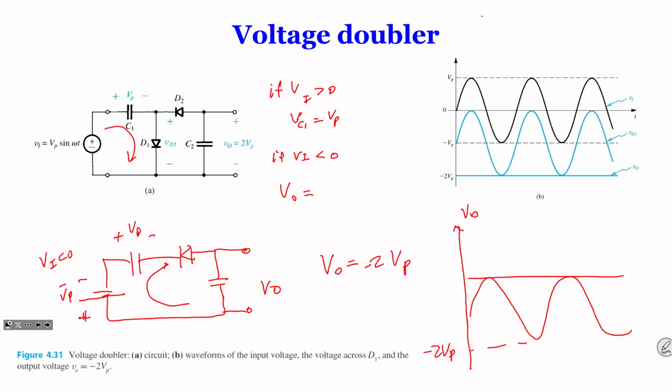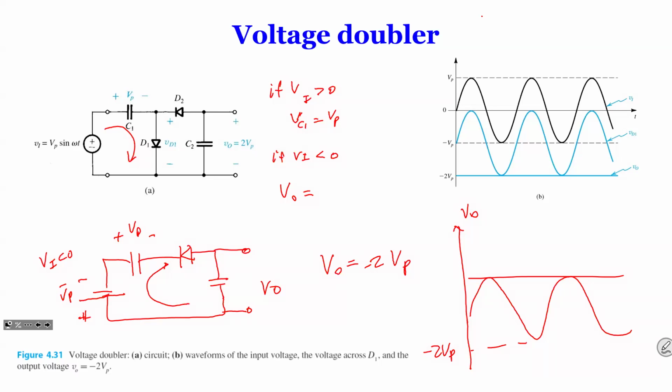We shift everything down to 2 Vp instead of that sinusoid waveform. So your output is doubling the input peak. When the input has a certain peak, the output is doubling that peak. Okay, so that's the voltage doubler.